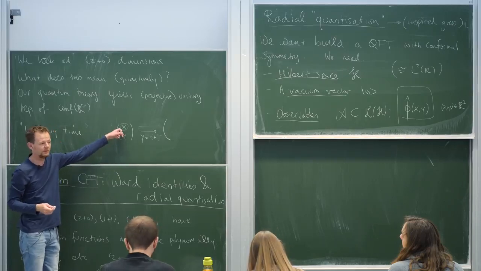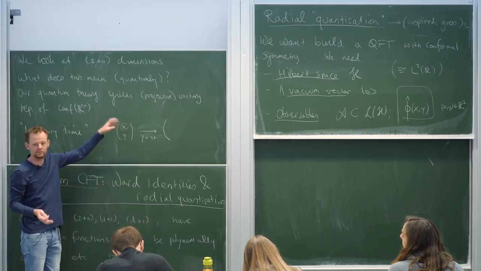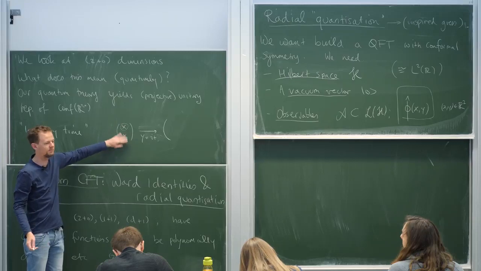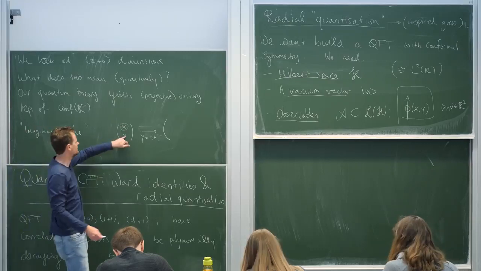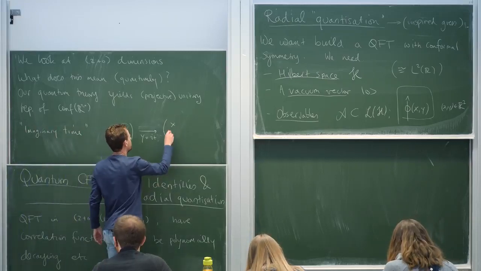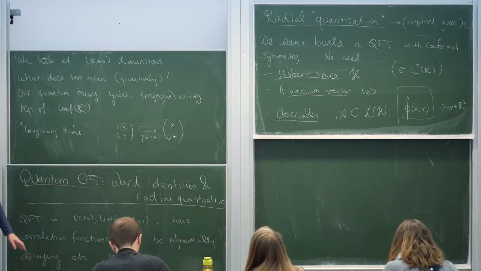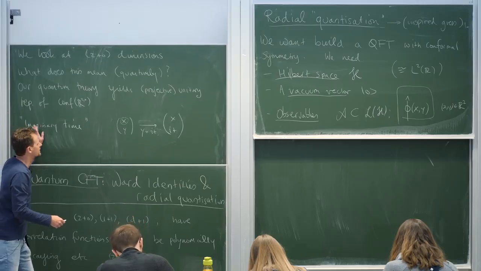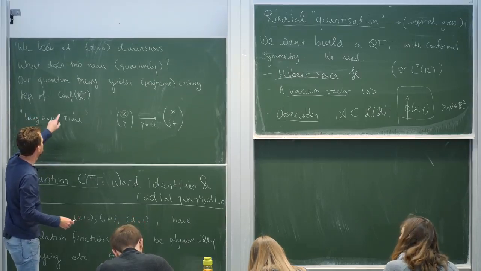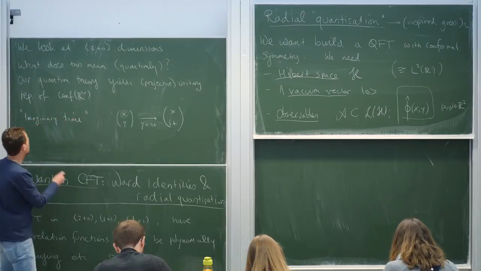It doesn't matter: in R2 the conformal group is rotationally invariant, so it doesn't matter which one you call space and time. But if you just say y is it, then you can analytically continue.